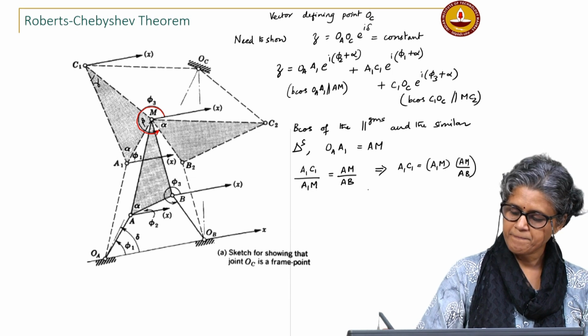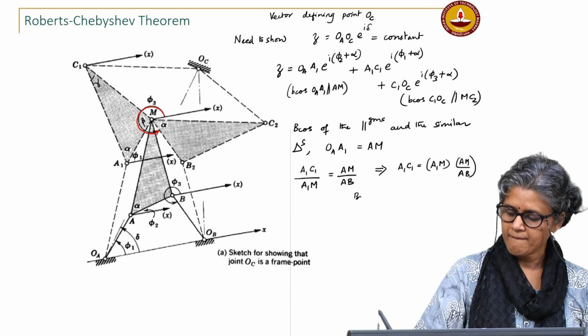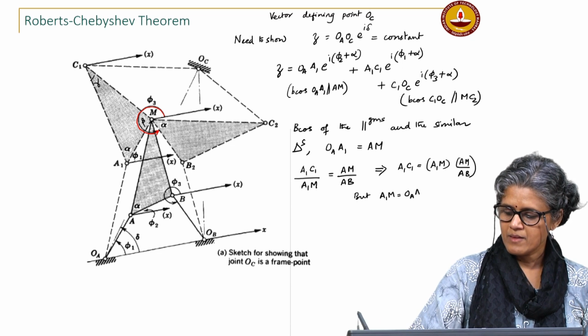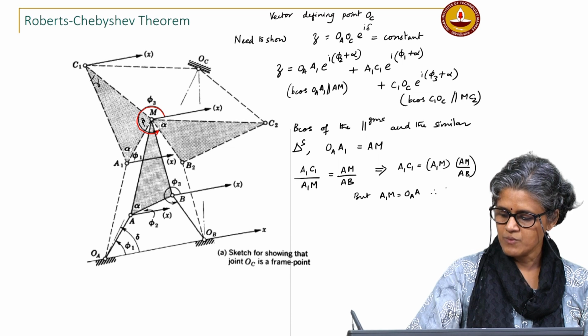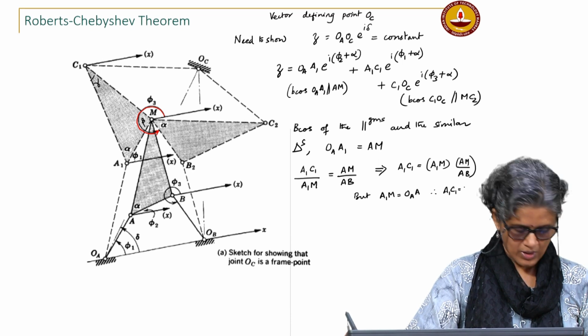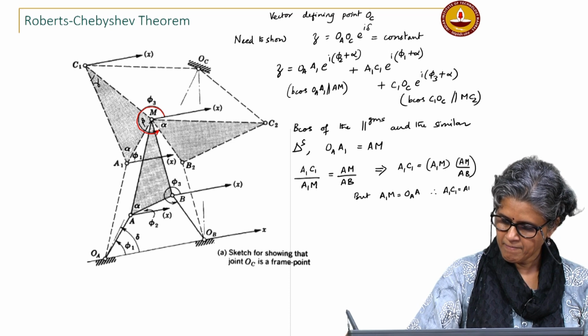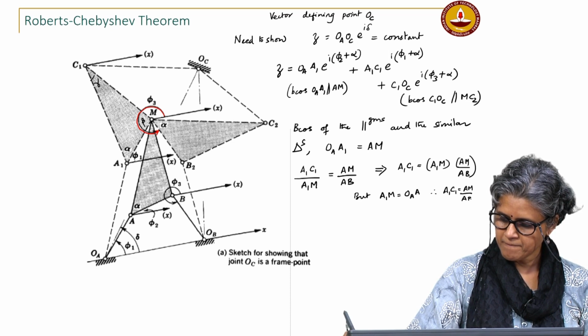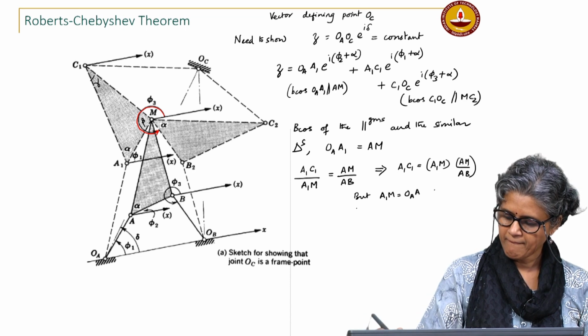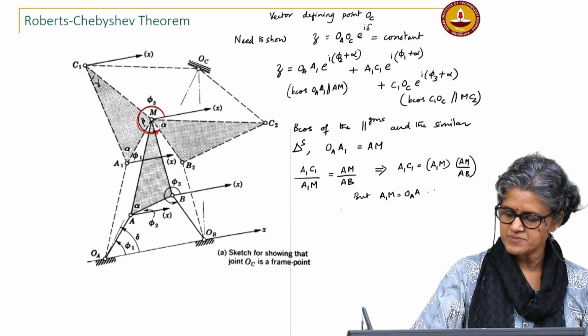Now, again A1M is equal to OAA. Therefore, A1 C1 I can write as OAA into AM by AB. Okay. So, I can basically substitute that into this.